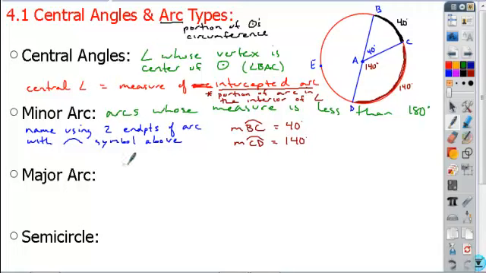And now, if you have arcs whose measures extend beyond 180 degrees, these are called major arcs. You name a major arc with 3 points.